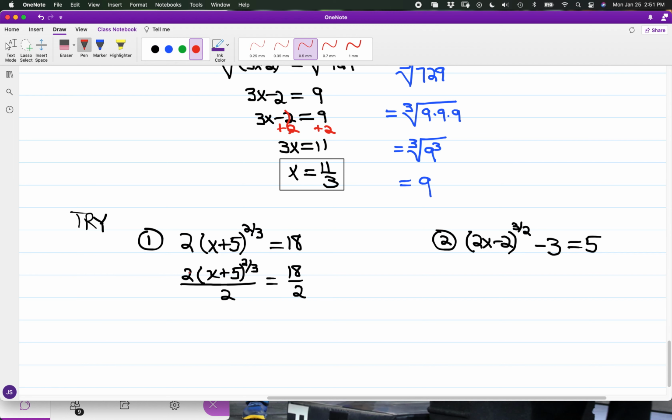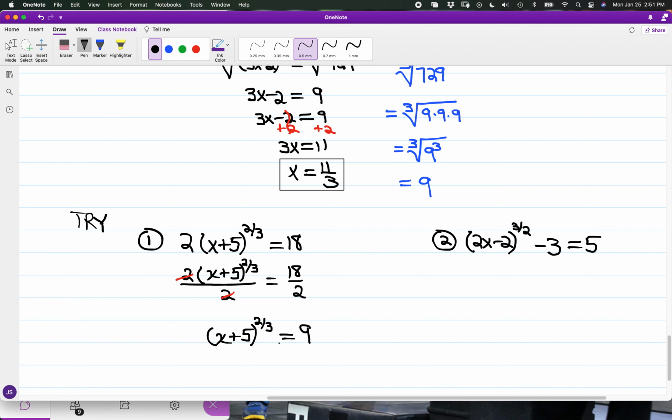So on the left, I have x plus 5 raised to the 2/3 is equal to 9.